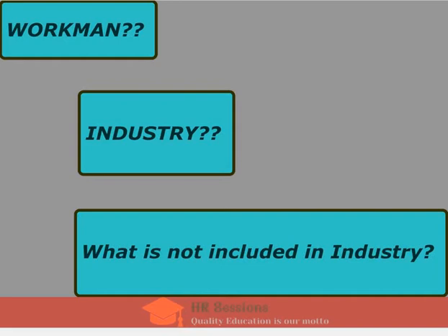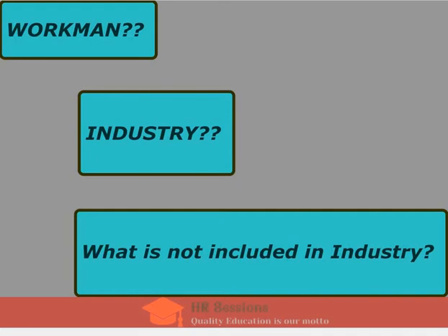Any industrial dispute concerning the Employees State Insurance Corporation, Industrial Finance Corporation of India, or Indian Airlines falls under their different sections as well as their different acts.